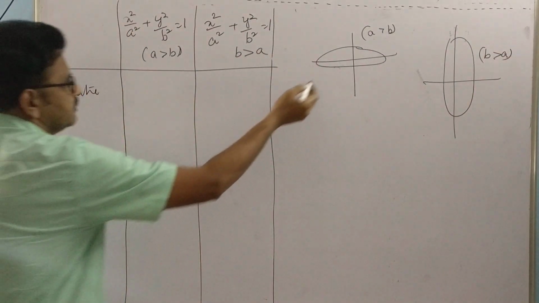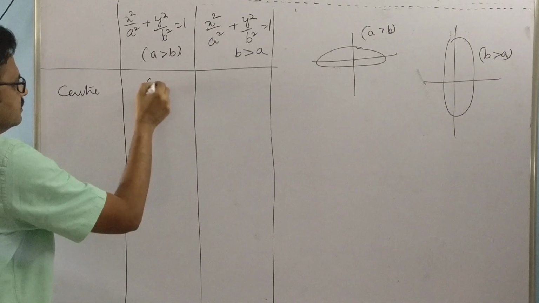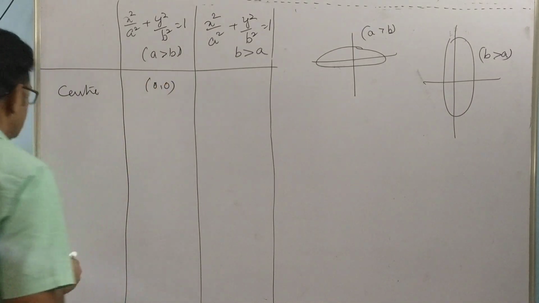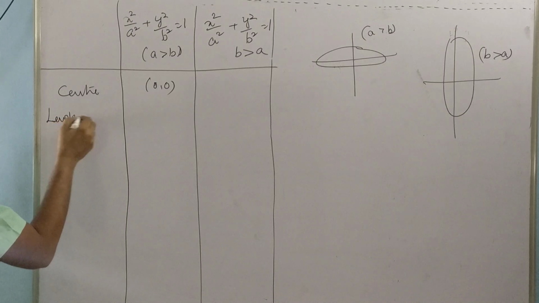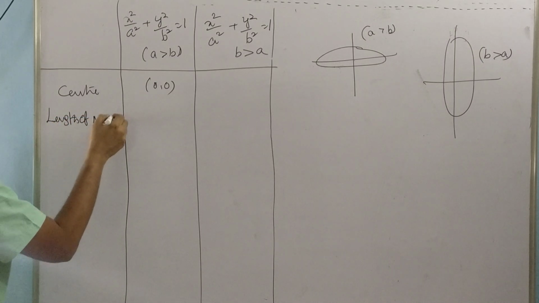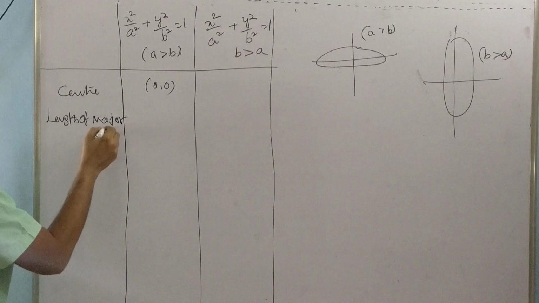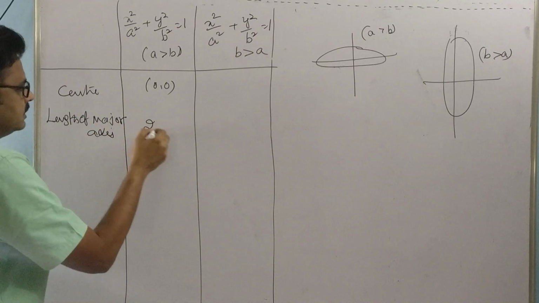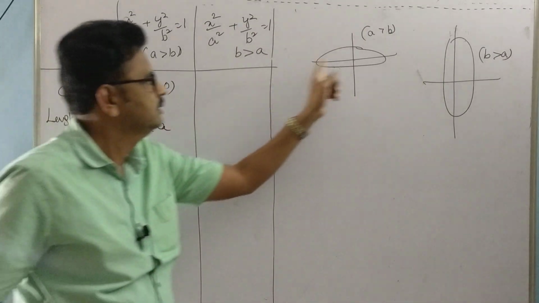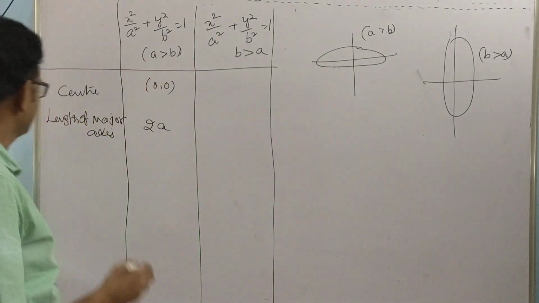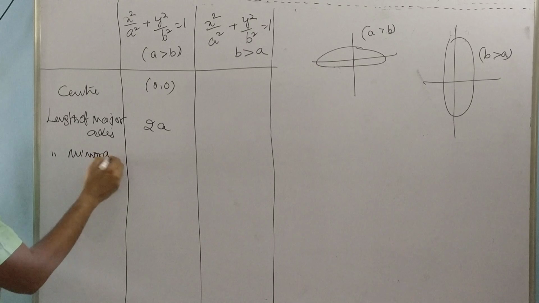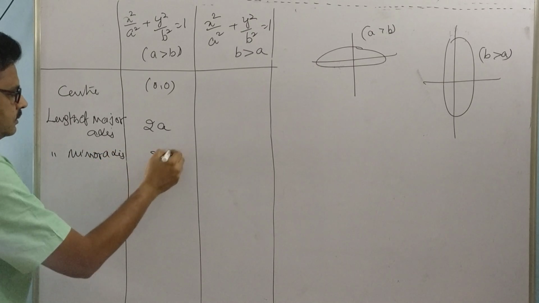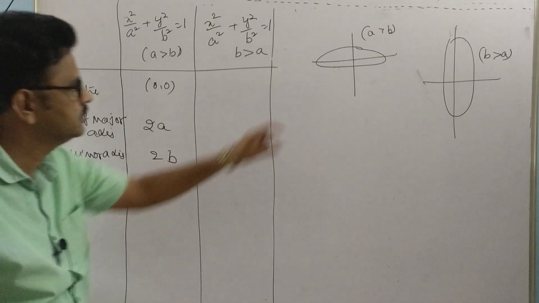Center of the ellipse is (0, 0) for the first one. Next, length of major axis is 2a. Length of minor axis is 2b.